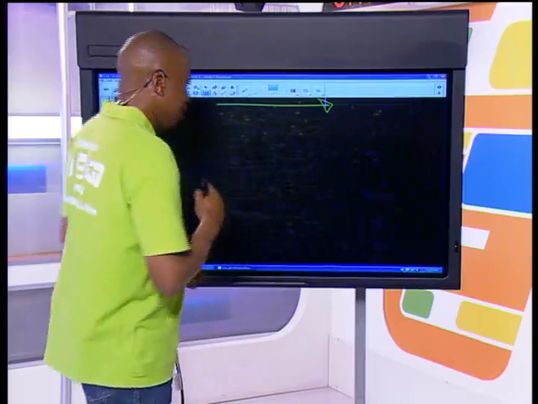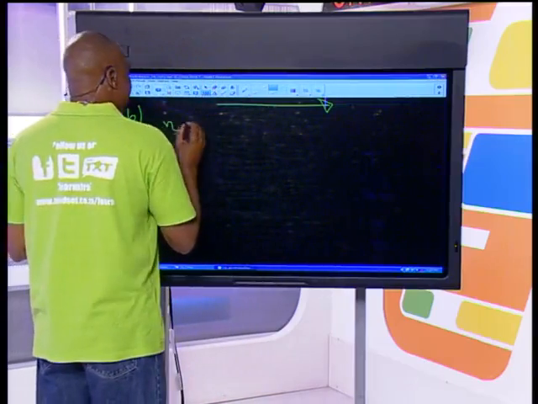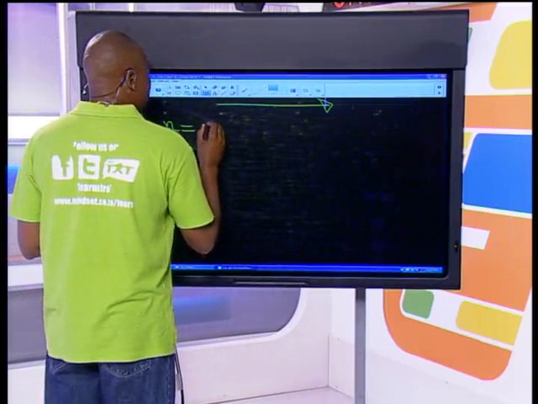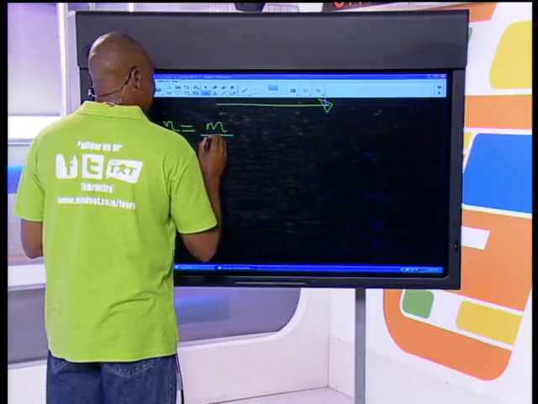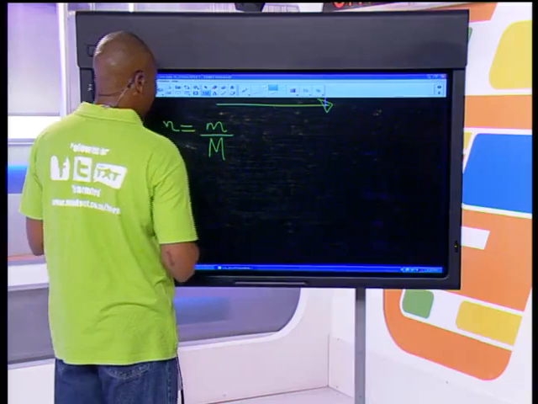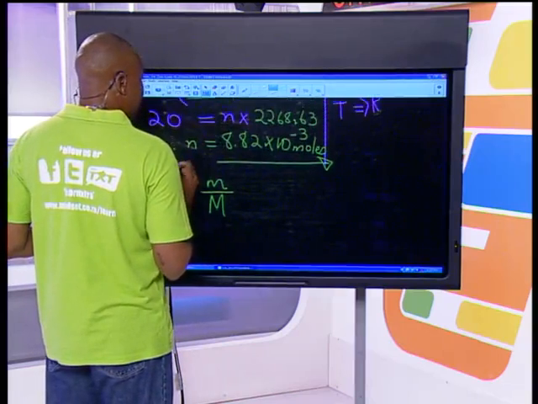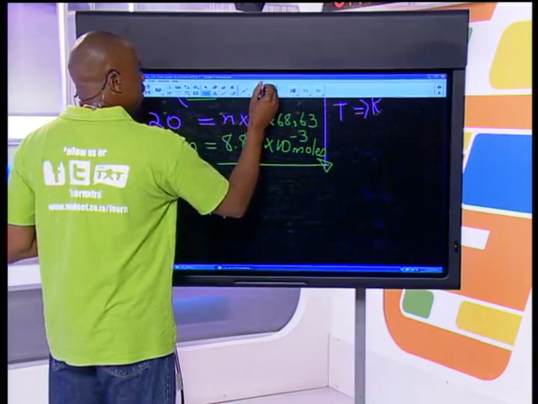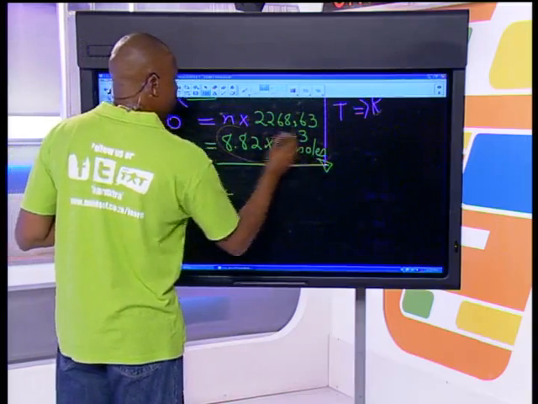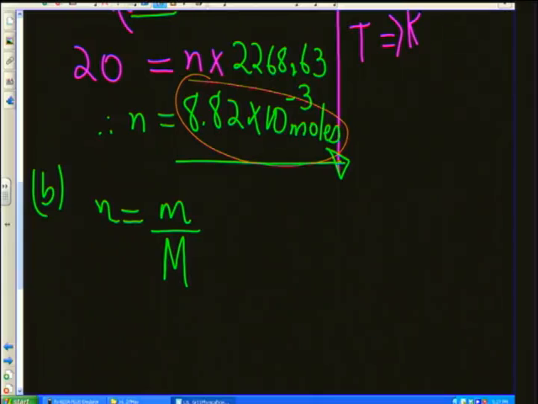The formula that helps me is: number of moles is equal to given mass divided by molar mass. I am going to substitute this value for the number of moles, and I need to know the molar mass of this gas.